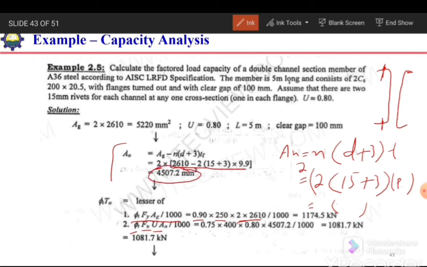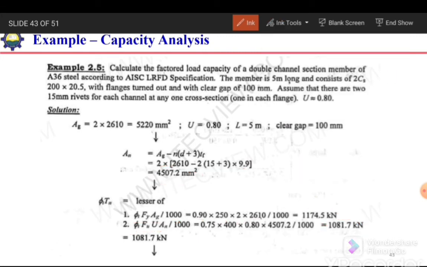So the net area of the built up section comes out to be 4507.2 millimeters square. We need to substitute over here: 0.75 Fu and this shear lag factor which is given 0.8 and then this net area. From here we get this capacity 1081.7 kilonewton corresponding to tension rupture.